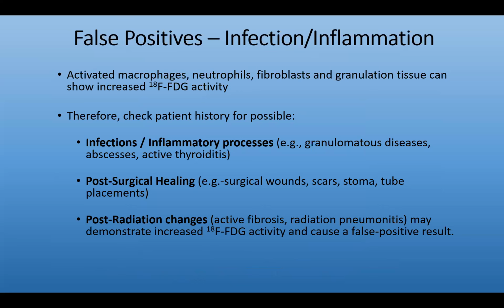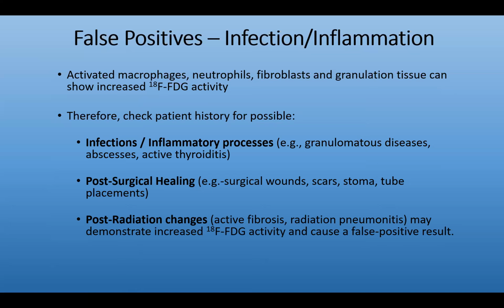And these are all involved with the inflammatory response, and therefore we can see uptake in these areas on our scan. So it is important to check patient history if you see uptake in these areas to see whether or not there is a history of infections or inflammatory processes, including granulomatous diseases, abscesses, even something like thyroiditis.